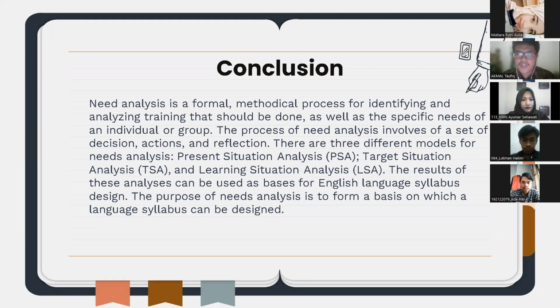There are three different models for needs analysis: present situation analysis, target situation analysis, and learning situation analysis. The result of this analysis can be used as the base for the English language syllabus design. The purpose of needs analysis is to form a basis on which a language syllabus can be designed.